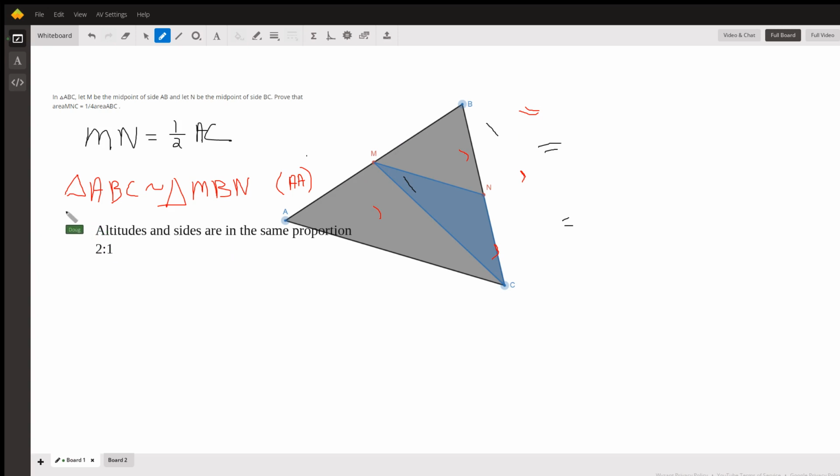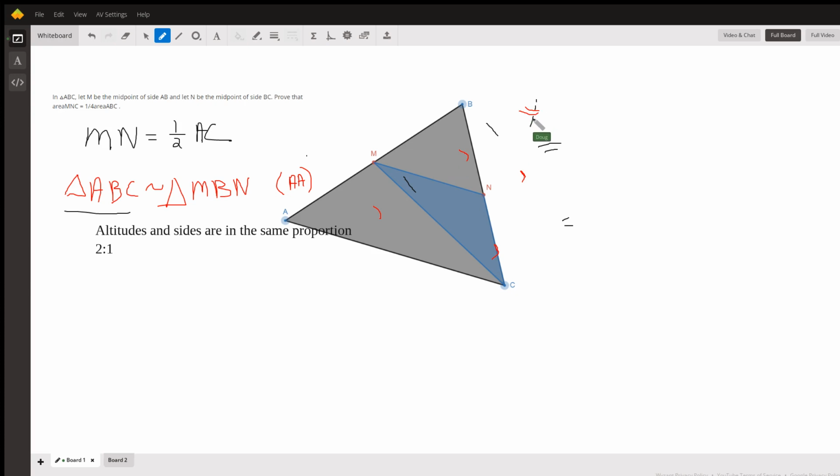And if triangles are similar, their altitudes and sides are in the same proportion. In this case, it's 2-to-1 because of these midpoints. So side AB is twice side MB.